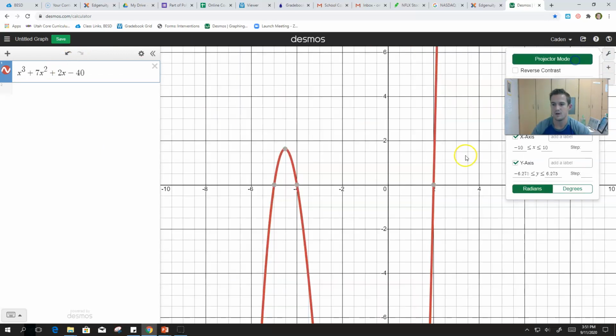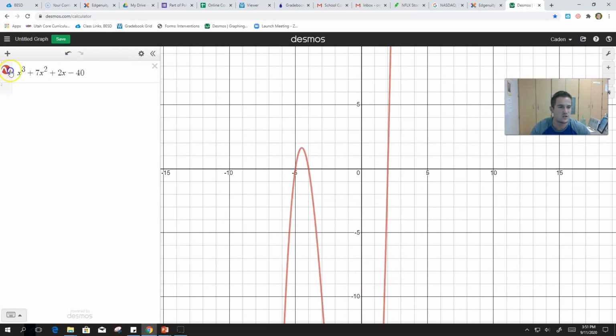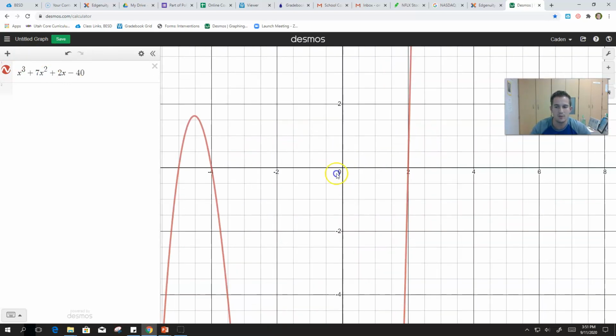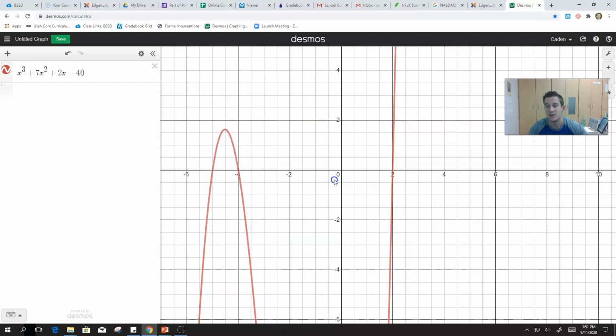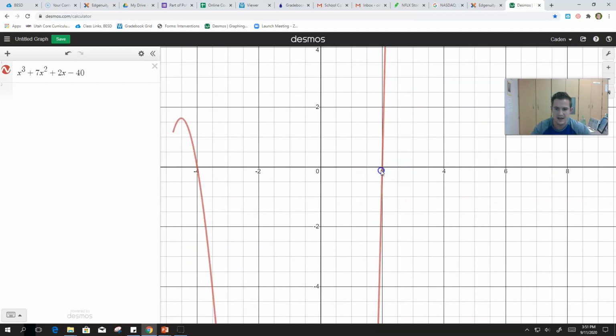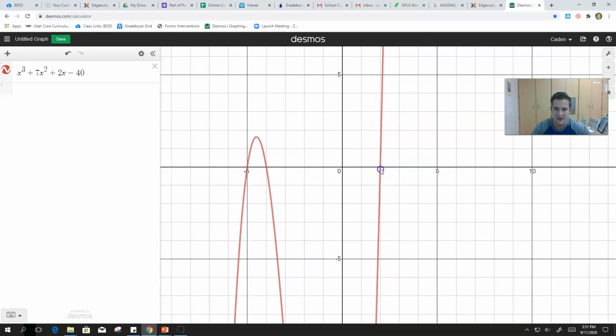Okay, so I just graphed this equation. And in the problem, I told you that one of the solutions to that function was positive 2. And alas, look, at positive 2, I have a solution.